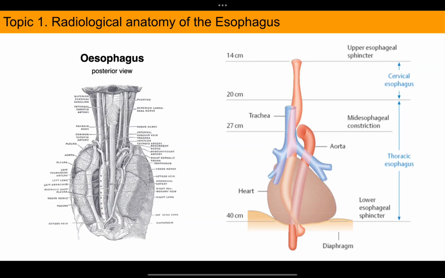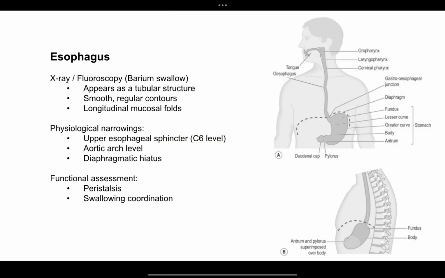In this topic, we will talk about radiological anatomy of the esophagus. The esophagus is a muscular tube that extends from the pharynx to the stomach through the mediastinum. Fluoroscopy and radiography of the esophagus. Usually we use fluoroscopy and radiography with barium sulfate.